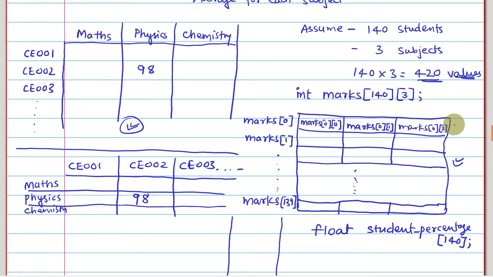Because for each of the students I want to store the percentage. So there would be 140 elements starting from index 0, 1 to 139. So this is a student percentage array. You can also visualize the same as this standing bar.